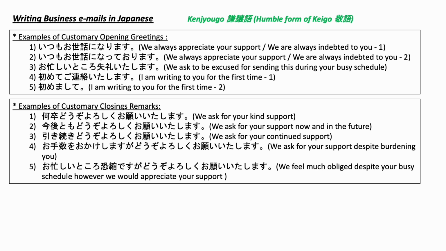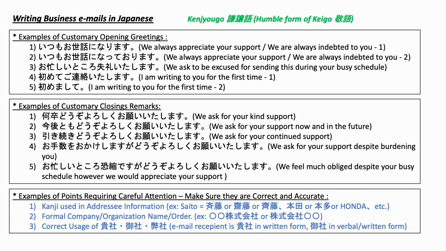And finally, my recommended takeaway examples of small but key points requiring careful attention, as they need to be correct and accurate. Number 1, take the kanji used in names of corporations, organizations, titles, or people names.